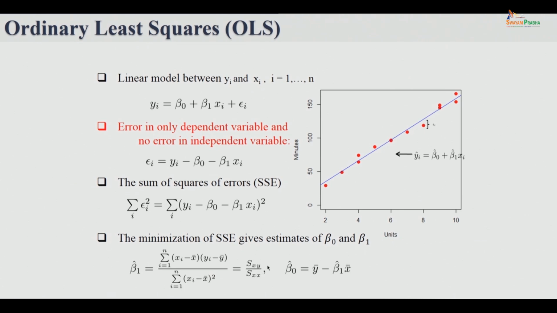If the Pearson's correlation coefficient was close to 1 or minus 1, you could interpret that there may exist a linear relationship. Similarly, beta 1 hat is a function of that coefficient. It depends on the cross covariance between x and y, and beta naught, the intercept, turns out to be nothing but the mean of y minus the estimated value of beta 1, the slope parameter, multiplied by the mean of x. This is your intercept parameter.